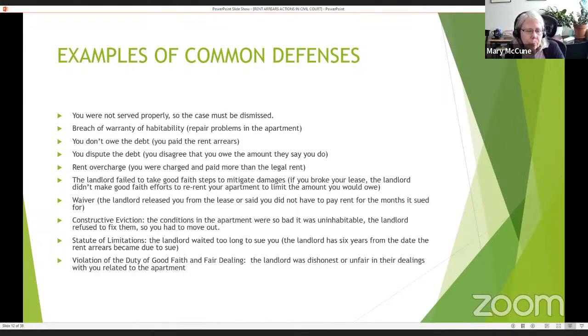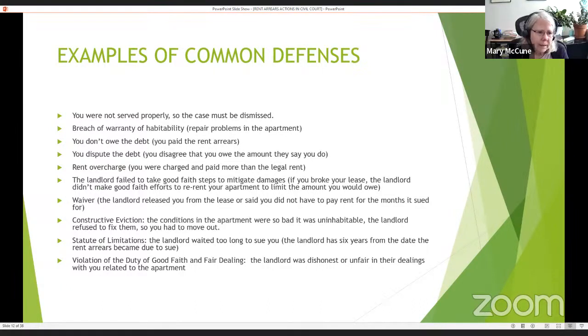And if the landlord doesn't comply with that obligation, it's called a breach. Not doing what you're supposed to do under a contract is called a breach. You don't have to worry about the term. You can also just say there are repair problems or bad conditions in the apartment, but technically breach of warranty of habitability is what that's called by lawyers.